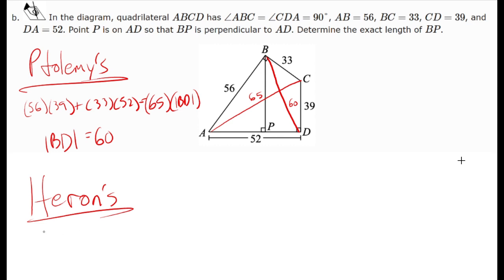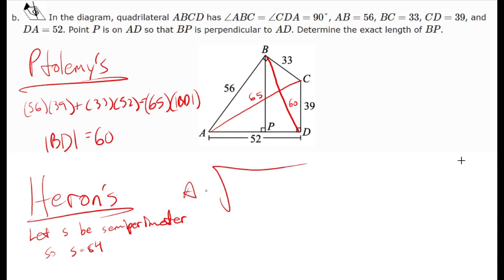And it says that, let's say let S be the semiperimeter of the triangle. Semiperimeter is just the sum of the side lengths of the triangle divided by 2. So that's going to be, in this case, 84. And it's this big thing.